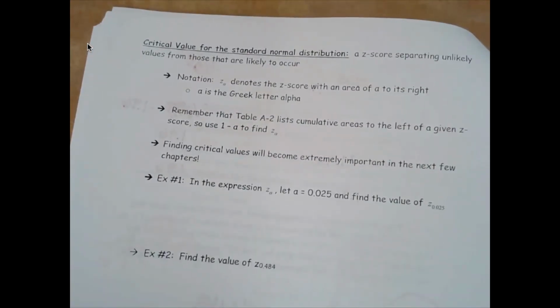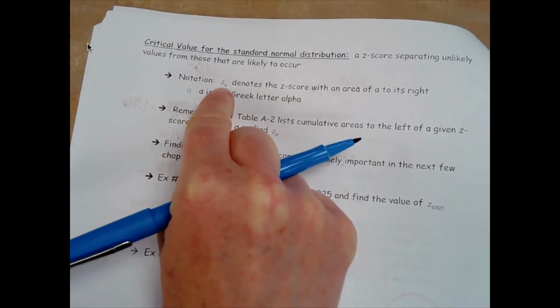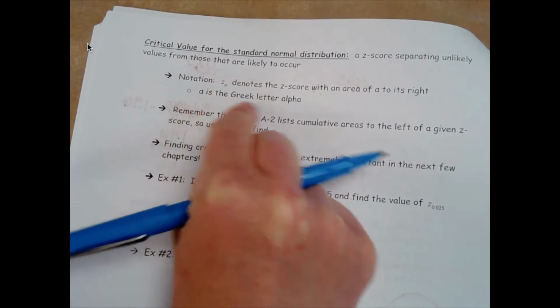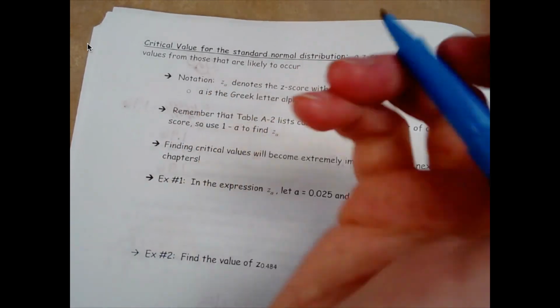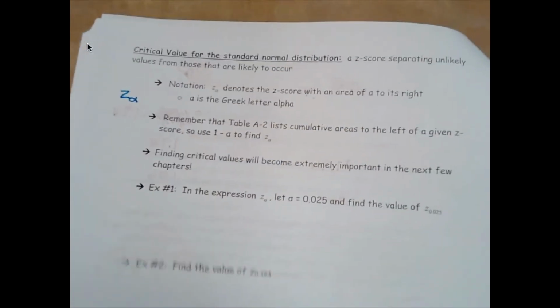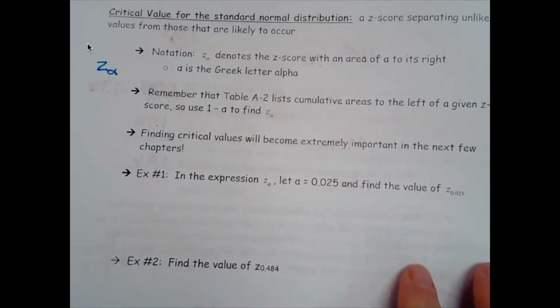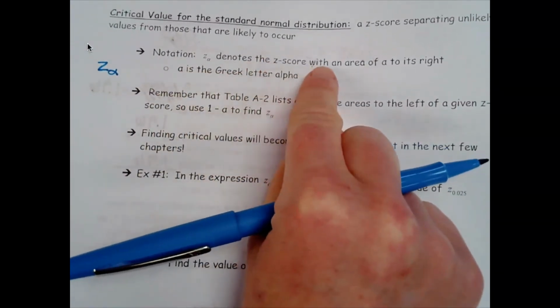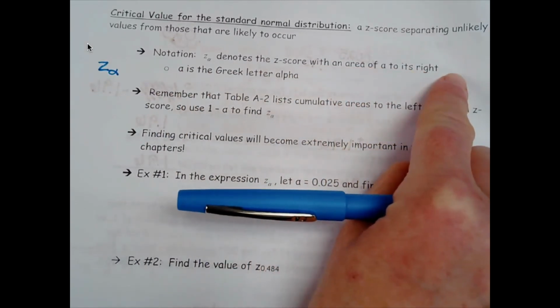Okay, critical value from a standard normal distribution: a z-score separating unlikely values from those that are likely to occur. Z alpha, where alpha is our Greek letter, it kind of looks like a fish, is the way you'll see it. So it's with the area to its right.